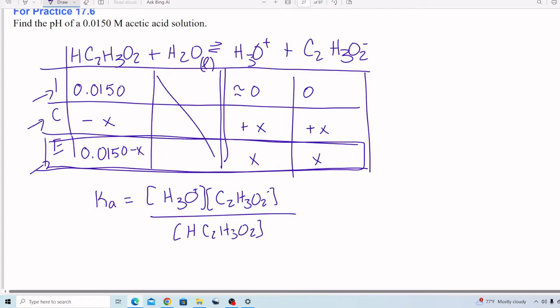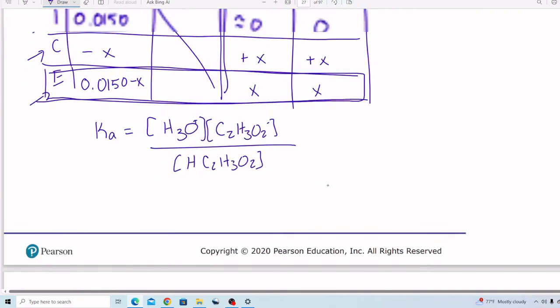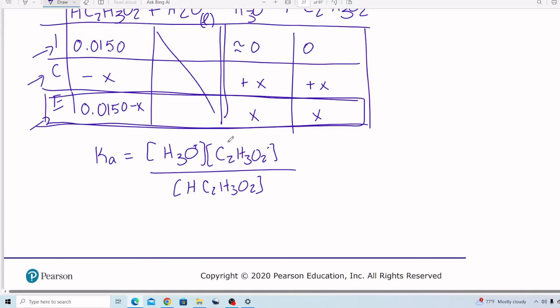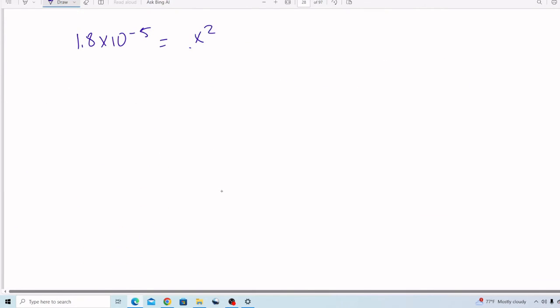And where do we get the Ka from? We can look that up in a table. So the Ka for acetic acid is equal to 1.8 times 10 to the minus fifth, and each of our species on the top is equal to X, so that gives us X squared on top divided by 0.0150 minus X. If we assume X is small, then we can set up this expression as 1.8 times 10 to the minus fifth equals X squared over 0.0150.